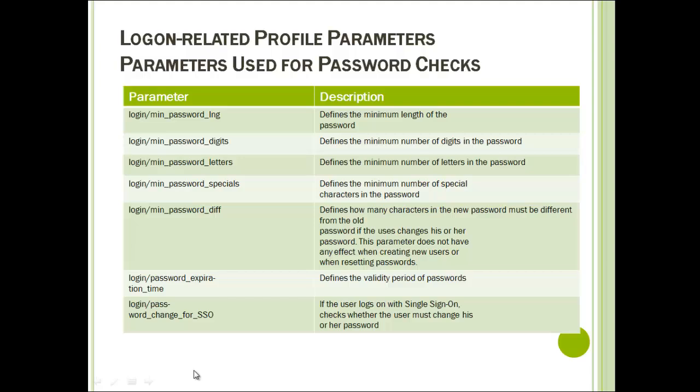In this case, you can define by this parameter whether the user should change their password or not. Meaning, we can control the behavior of the password requirement while you are using single sign-on. Whether you want to allow the user to change the password or ignore the password. Let's go to our system and see the possible values, then we will understand this better.